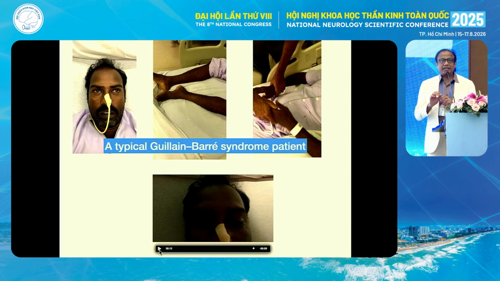Very characteristically, it is the most important peripheral neuropathy that causes acute autonomic dysfunction. So you notice that all the features are so characteristic that almost all of you in the audience will know how to recognize Guillain-Barré syndrome because the features are very, very characteristic.